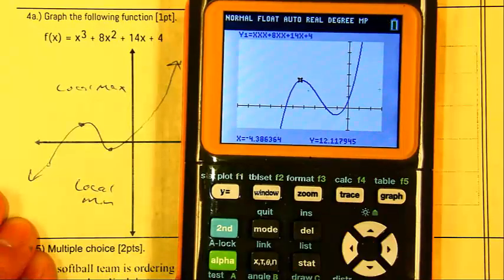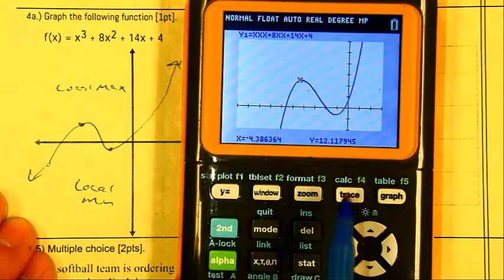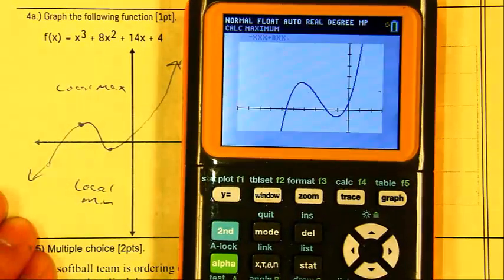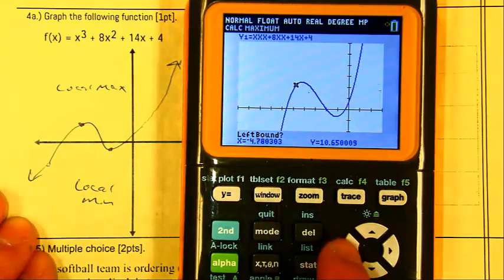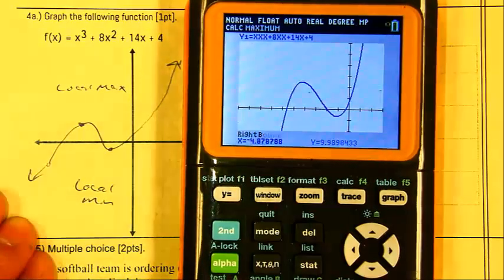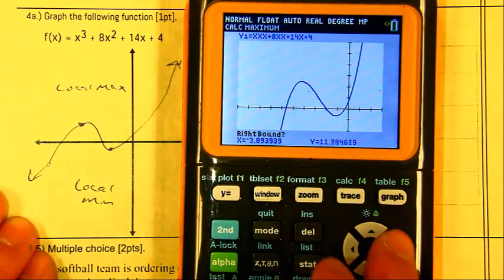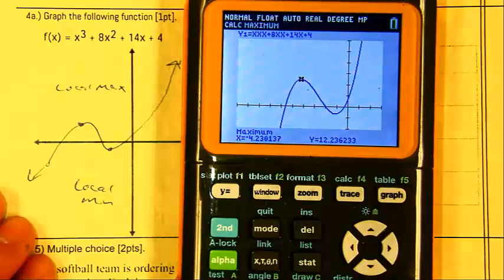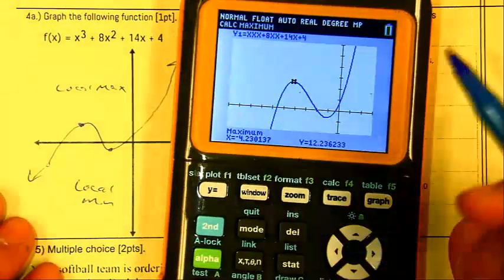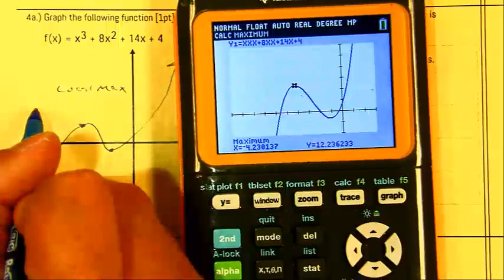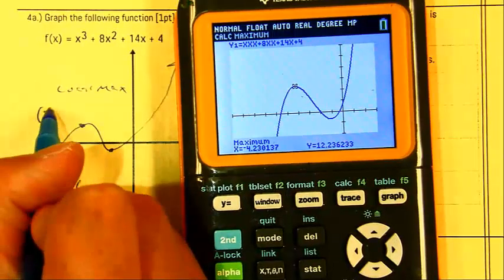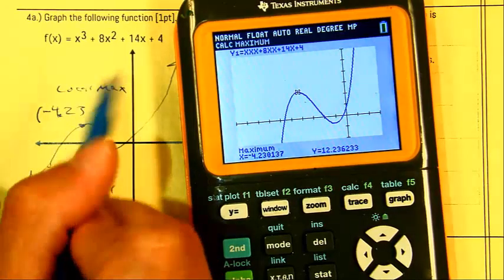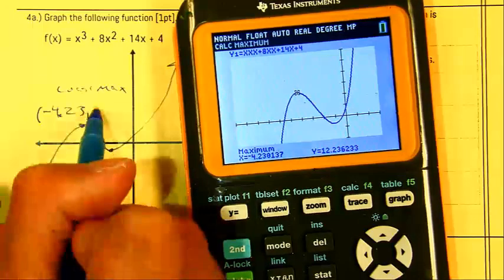So if you go to second trace, which is the calculate button, go down to max, number 4, and then left bound means to the left of the graph, so get the arrow left of the mountain, go towards the right, and when it says guess, you're going to try to get exactly, and then the calculator is going to look for you that coordinate. So I'm going to round to the nearest tenth, negative 4.23, comma, 12.2.